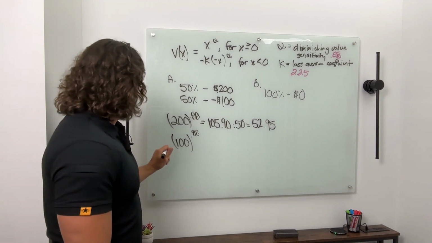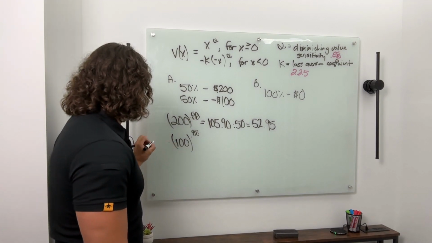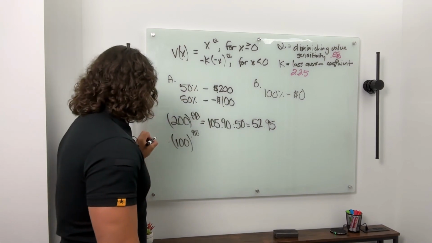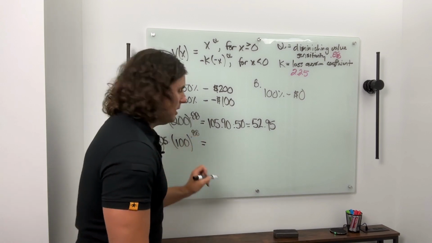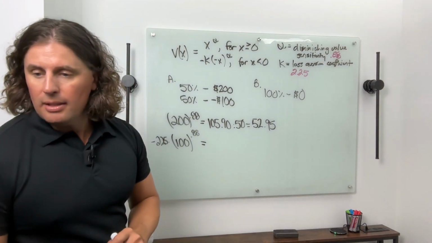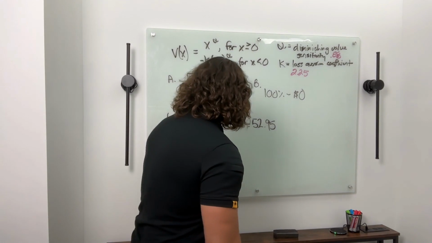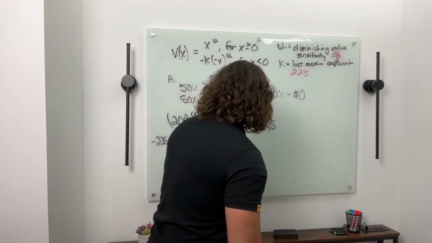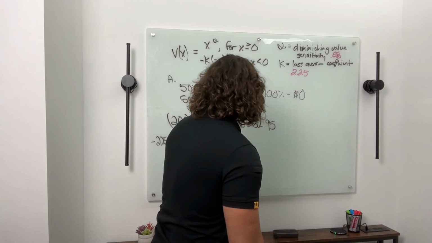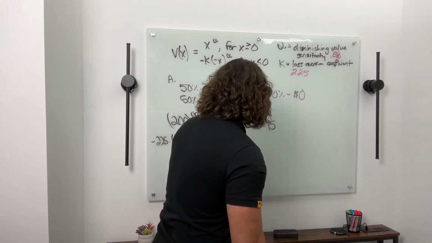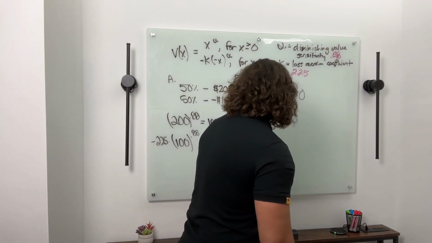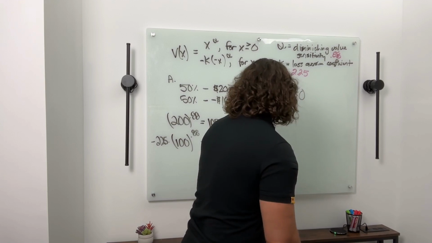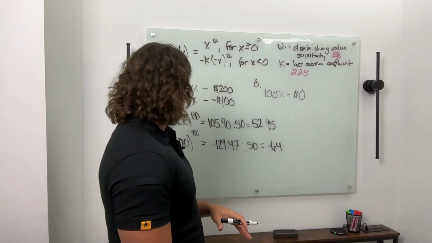And then we're going to also multiply negative 2.25 there. And we're going to get negative 129.47. Multiply that by 50%. And that's going to give me negative 64 and what?